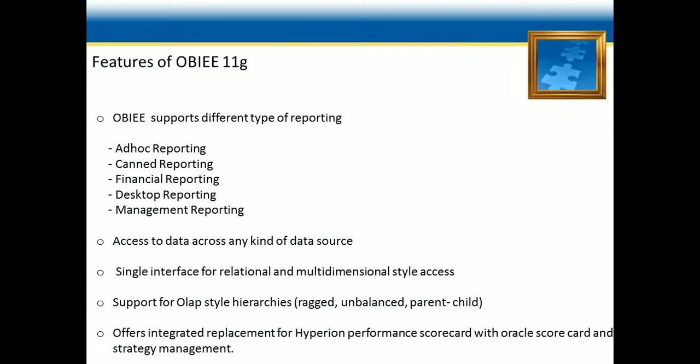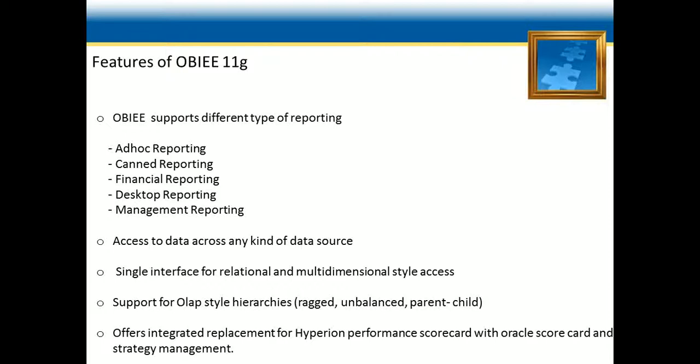Ad hoc reporting means you can drill down in a hierarchy way, so that you can have the total calculation in the drill down options also. Canned reporting. A canned report means one that has been pre-built for you. So that is called canned reporting. Financial reporting has some financial data in those reports. So it is called financial reporting.